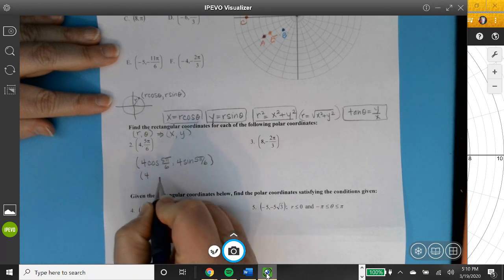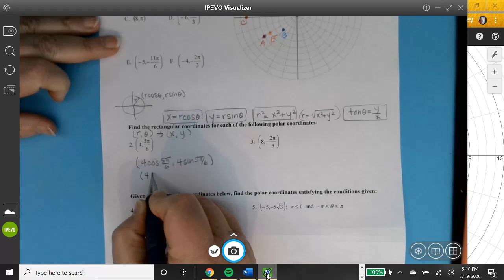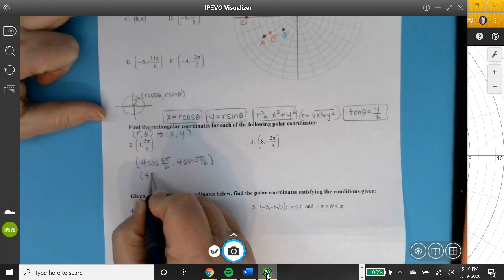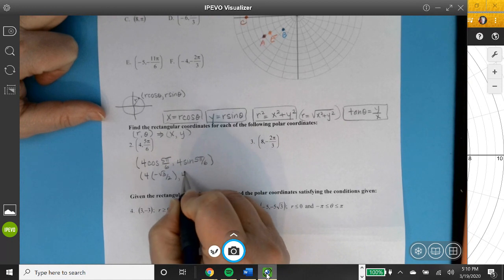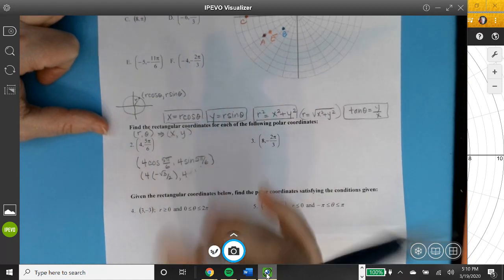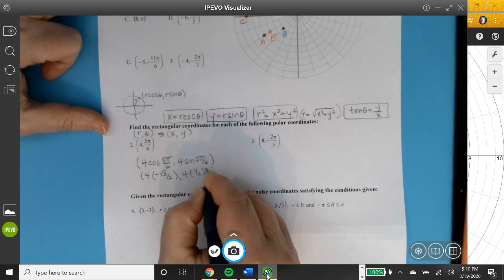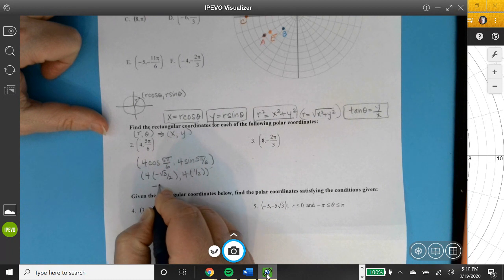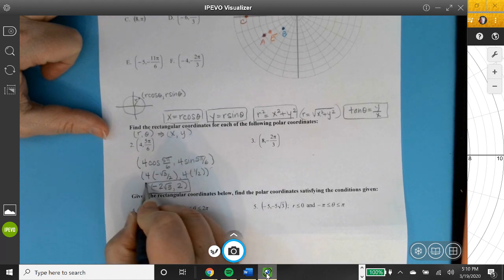So that's 4 times the cosine of 5 pi over 6, which is negative root 3 over 2. And the sine of 5 pi over 6 is 1/2, because that's a quadrant 2 angle. And so this is negative 2 root 3, comma 2. Okay, that would be our point in rectangular coordinates.